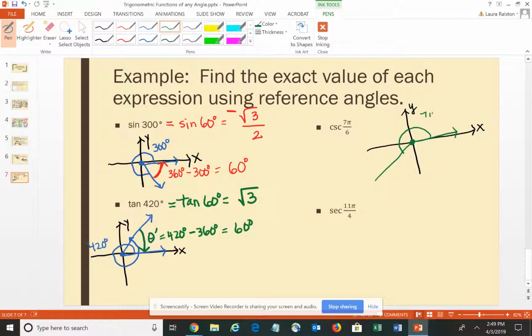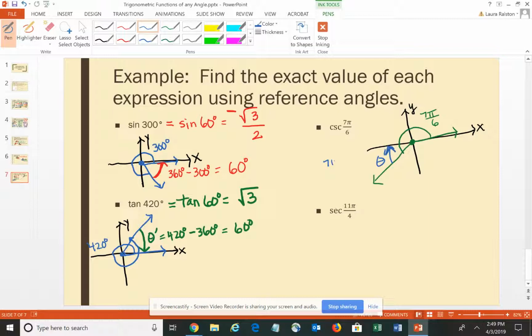So there's 7 pi sixth. Again, I may not know 7 pi sixth off the top of my head, but I can use the reference angle, terminal side to the x-axis. There's theta prime. I've gone just a little bit past pi.